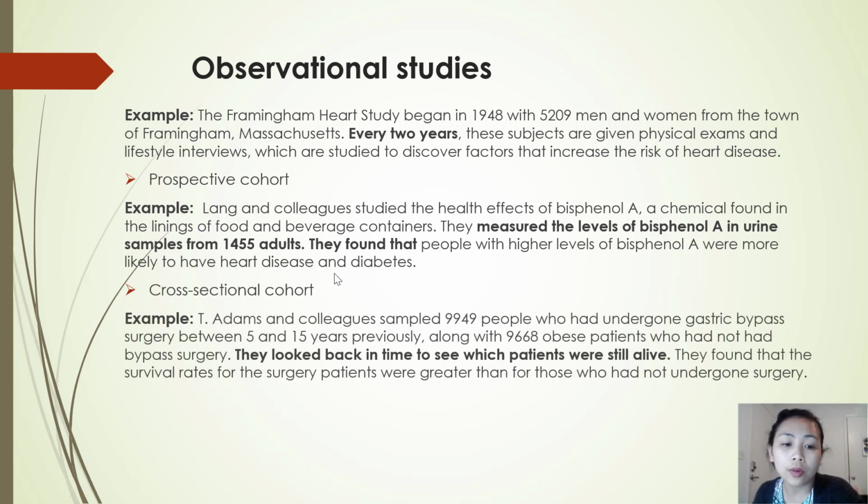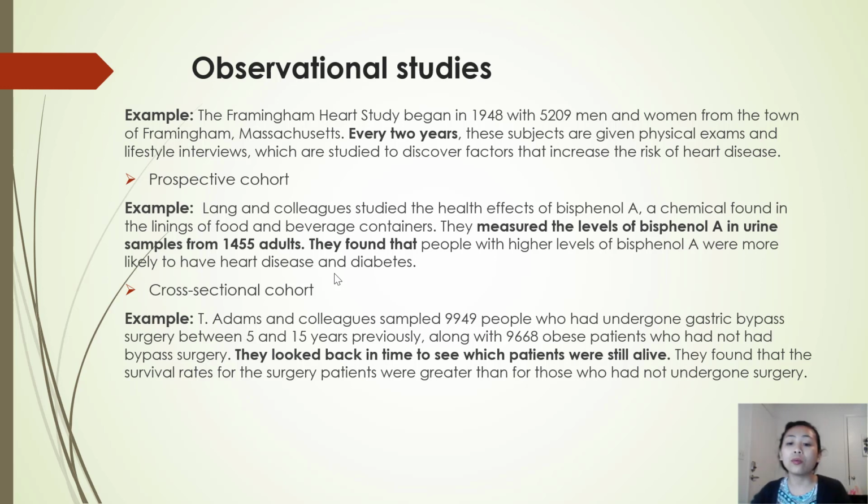And the last example: Adams and colleagues sampled 9,949 people who had undergone gastric bypass surgery between 5 and 15 years previously, along with 9,668 obese patients who had not had bypass surgery. They looked back in time to see which patients were still alive.